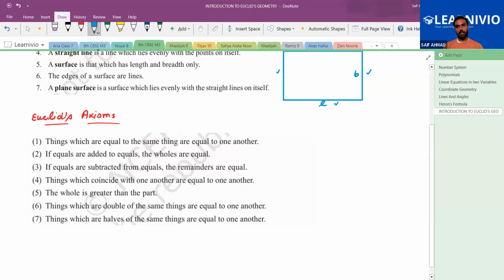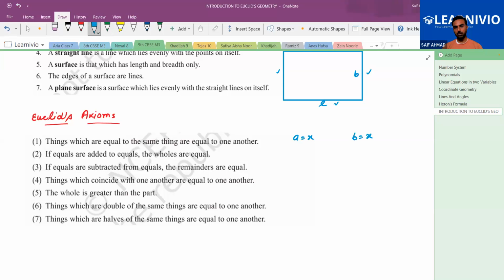See the first axiom: things which are equal to the same thing are equal to one another. What does it mean? For example, a is equal to x and b is also equal to x.